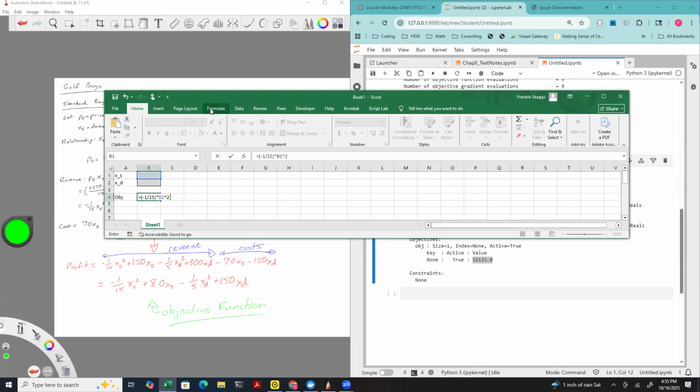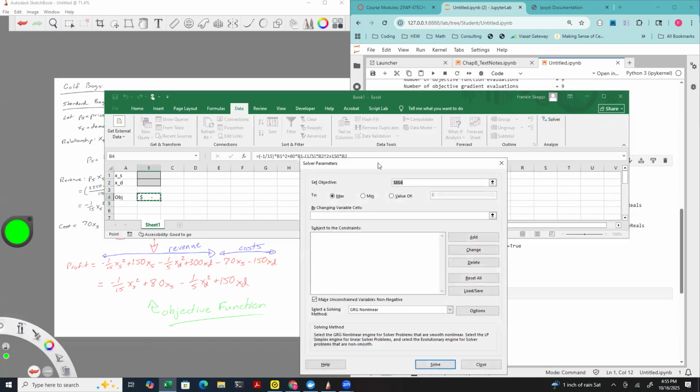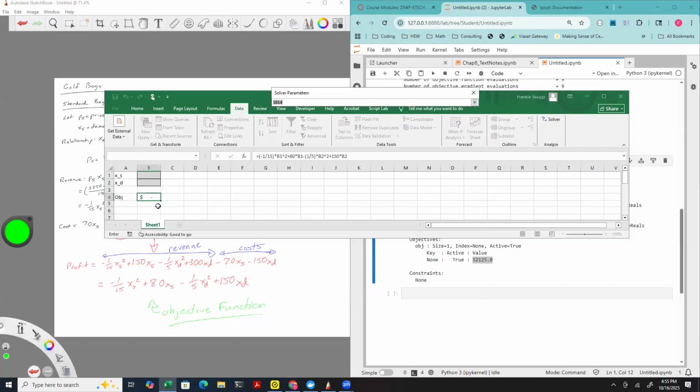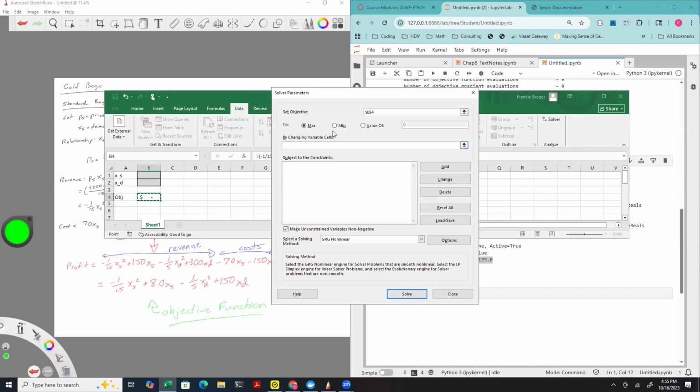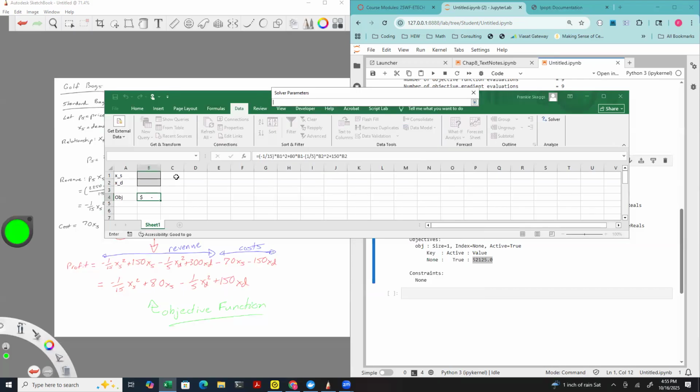Now I have to reference the cells. I believe we've got that there. It's actually going to be formatted to dollars, so that's good. If I'm happy with that, you still go to Data and Solver as usual. Set the objective. This is all the same as before. I want to maximize, yes.